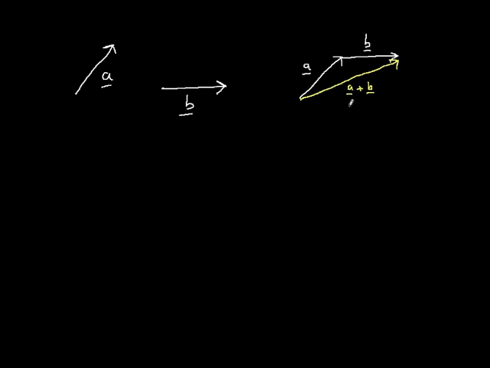So how is vector addition defined? Well, in a general sense, A is a vector in three-dimensional space with components A1, A2, and A3. And similarly for B, B equals B1, B2, and B3.